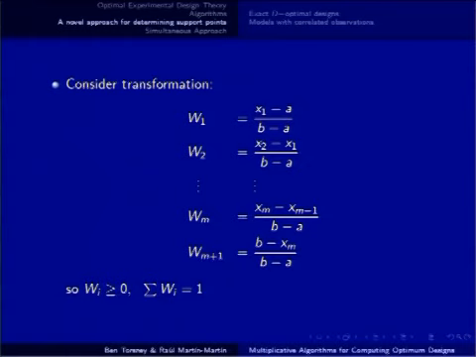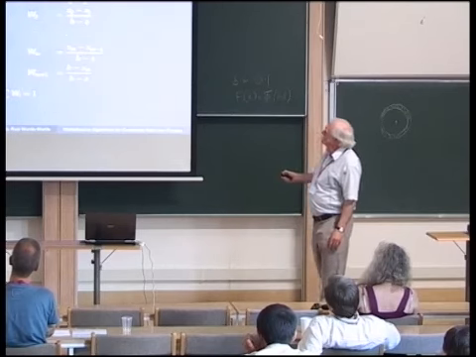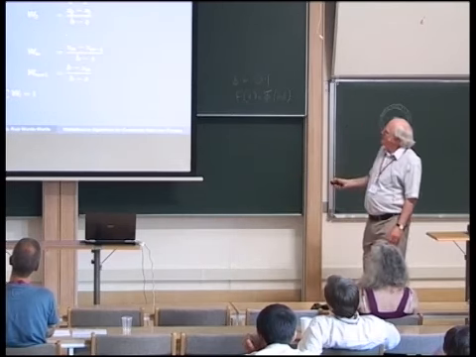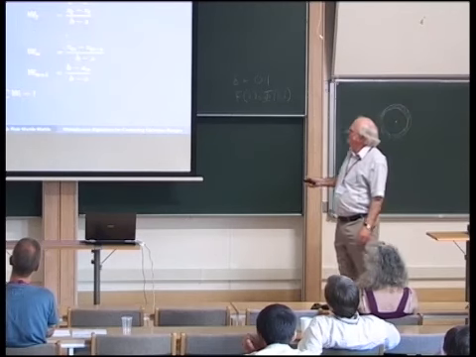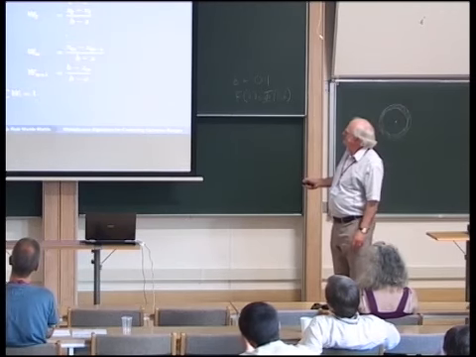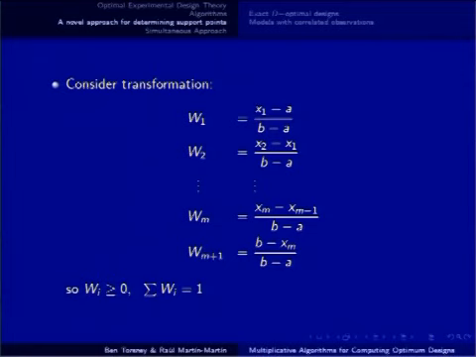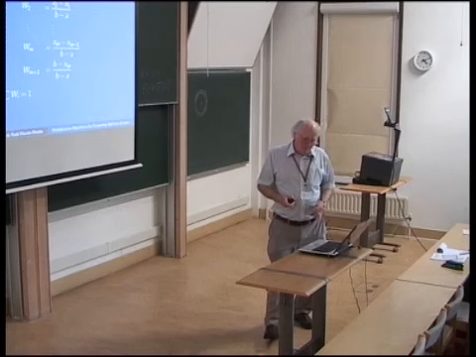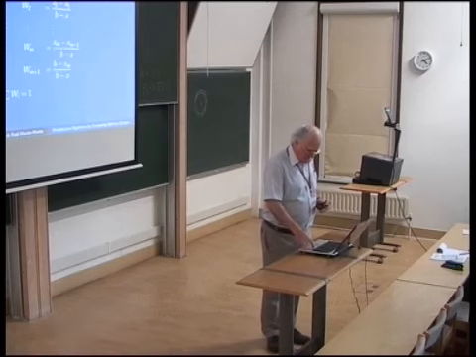So let's denote these proportions by w1 to w m plus 1. We now have one extra variable than x values. But these are variables which need to be non-negative and sum to 1. My proposal is, let's determine the x values through finding optimal w values using a variation of this algorithm.